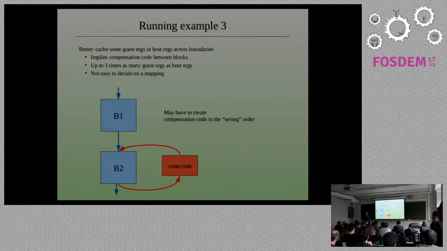There's a couple of problems. One of the problems is that, even on the same architecture, like ARM to ARM or x86 to x86, there are many more values to be held in the host registers than we actually have host registers for.